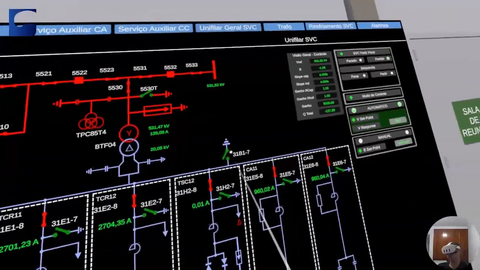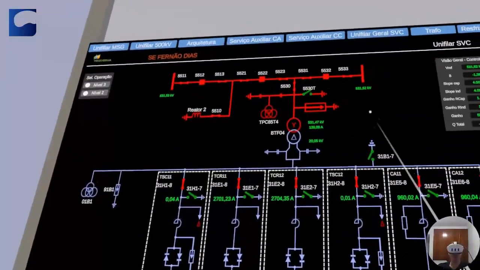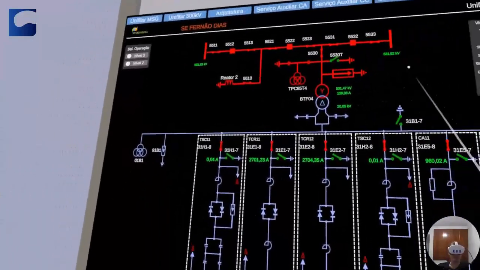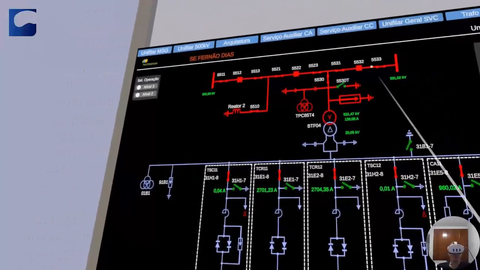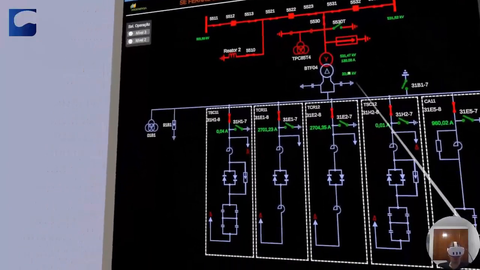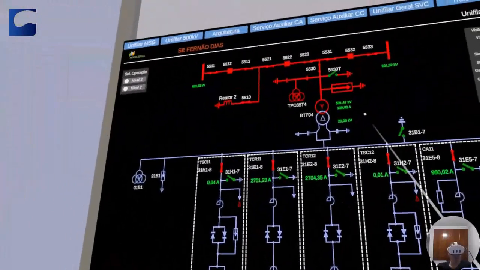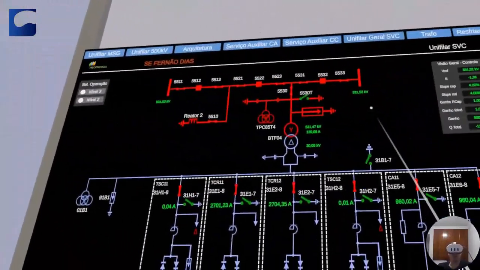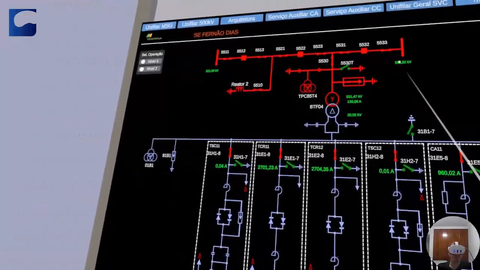That is, I set a reactive power set point and it will aim for that value, and the voltage at the bus bar will vary based on the system and not on the compensator's reactive power, because it will keep the reactive power fixed. The most commonly used mode is definitely voltage control, which is exactly what I'm going to show today.